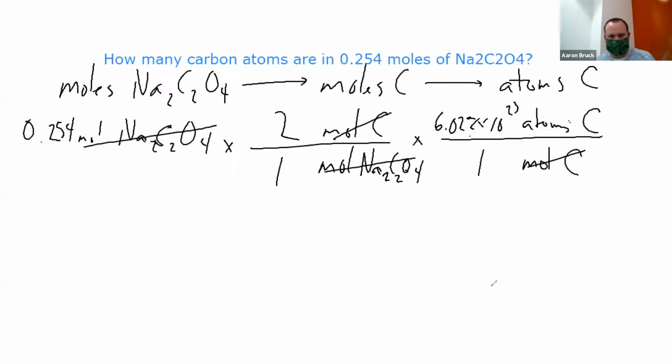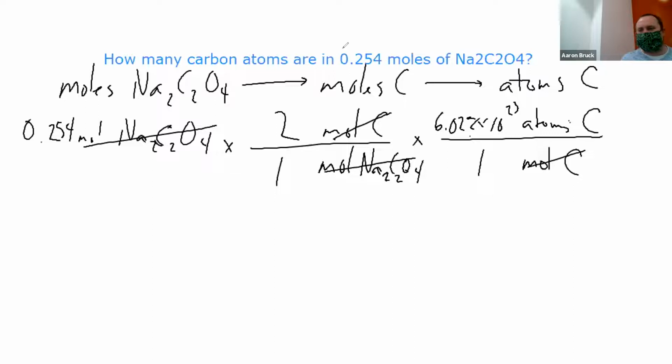Now, before we go about solving this, a word of warning here about scientific notation and your calculator. Depending upon what model of calculator you have, you're going to have different instructional steps for entering your scientific notation.